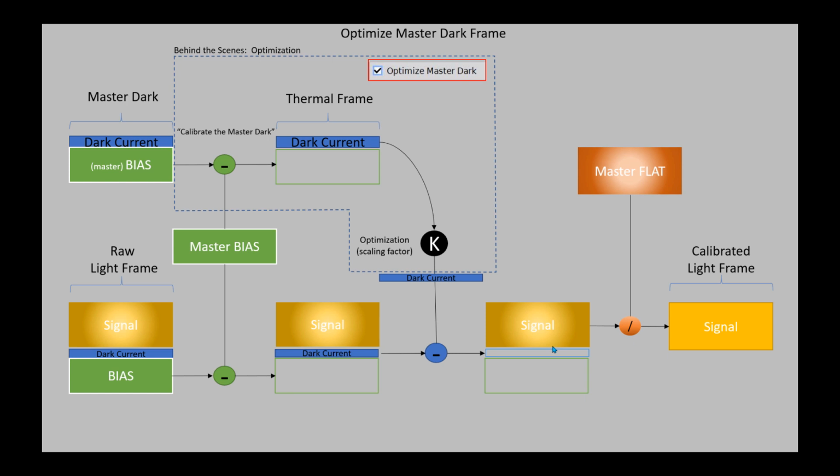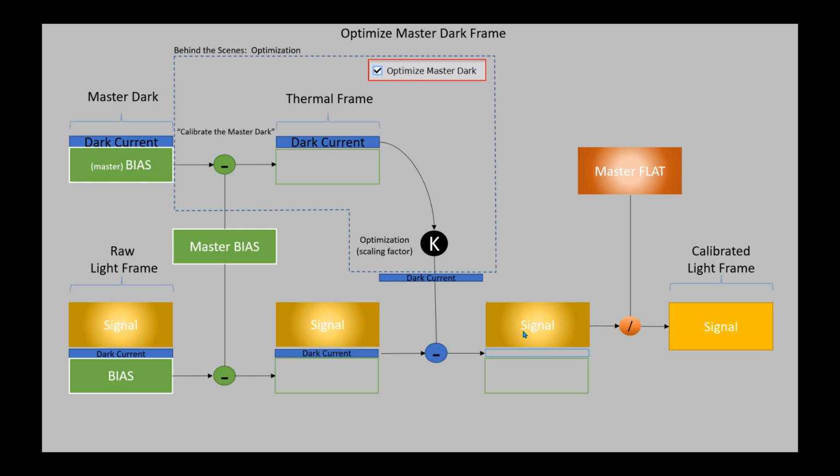But now let's look at some of the consequences, because there are consequences of doing what we just described. You'll notice that I've only talked about the dark current, the thermal frame, but there is more to an image than just the dark current alone. And that is an important thing to consider.